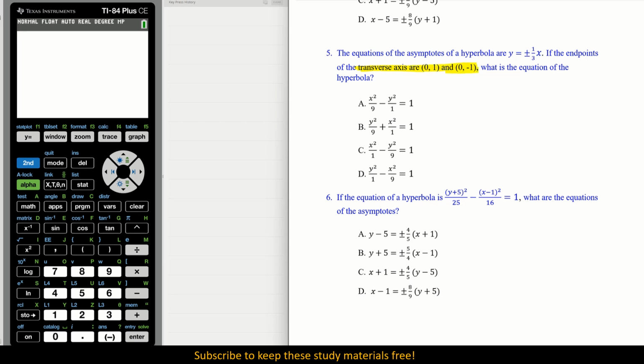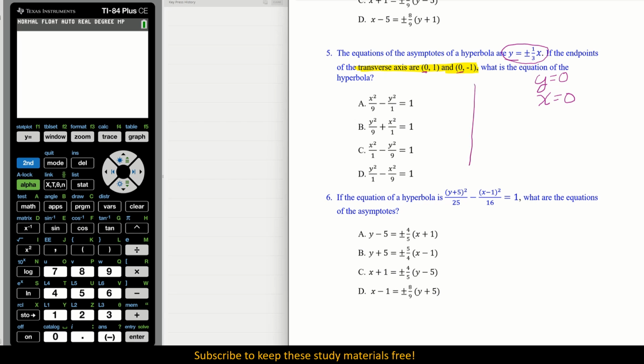Also I see that we have a center of (0, 0) because y equals 0, x equals 0. That is why this equation is so simple compared to number 4. Now I know that the transverse axis will be on the x-axis.